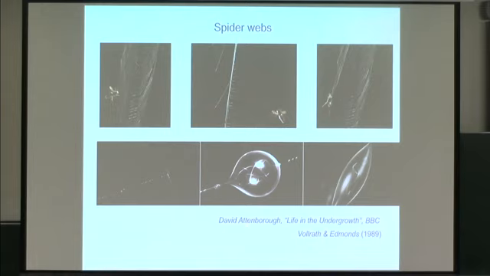I really love all these programs. Do you know David Attenborough? So one of the programs he has is Life in the Grass on the BBC, and it tells about insects basically, and he has a very nice little program on how spiders make their webs in order to capture flies or insects.